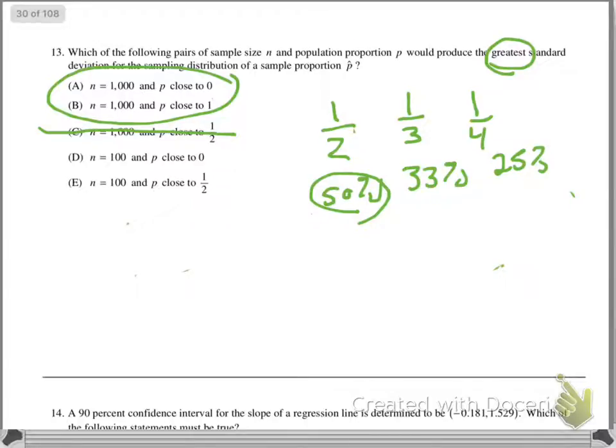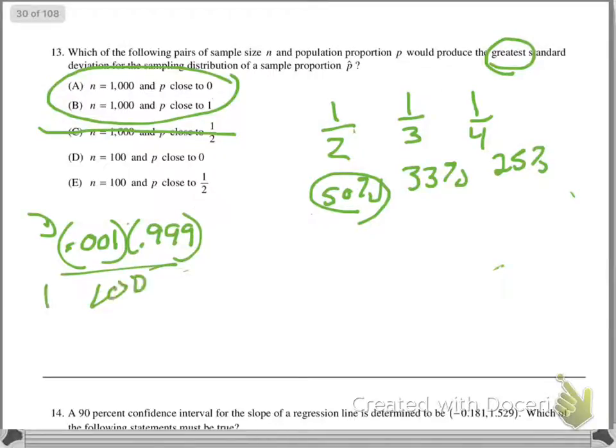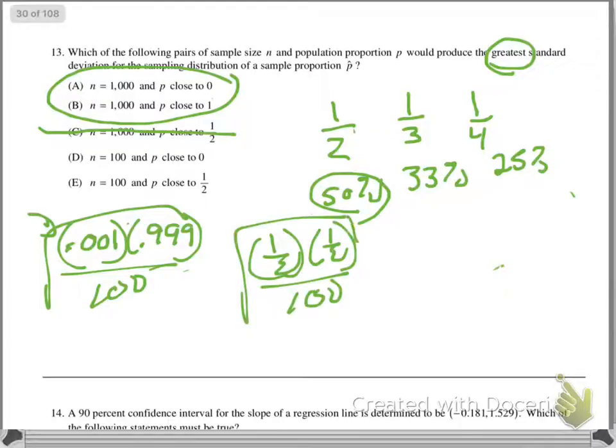For D, if I had 0.001 times 0.999 divided by 100, and you take the square root. And in E I'm going to have 1/2 times 1/2 divided by 100, and I take the square root. If you do the math, the one that is the biggest is this one right here, so the answer is E.